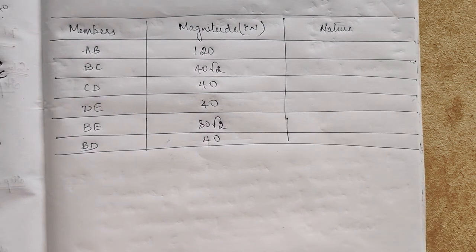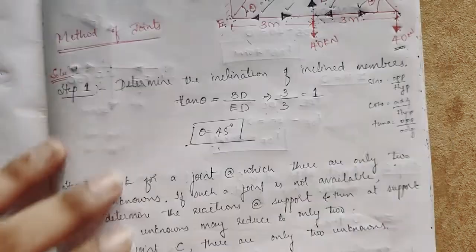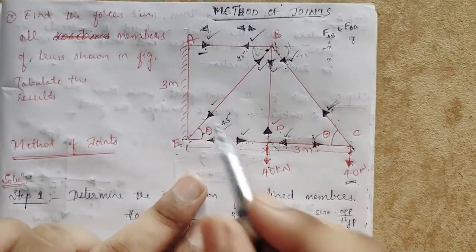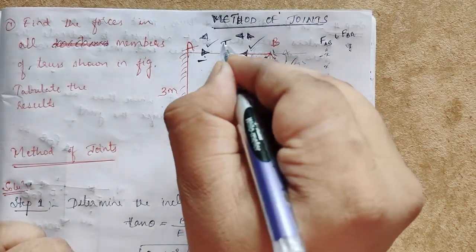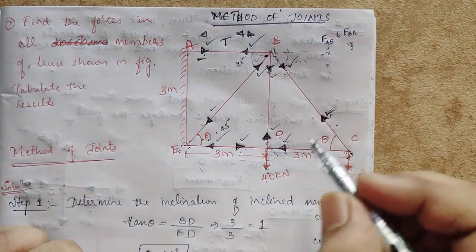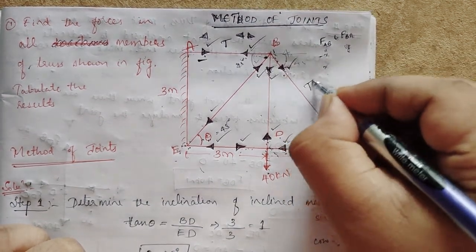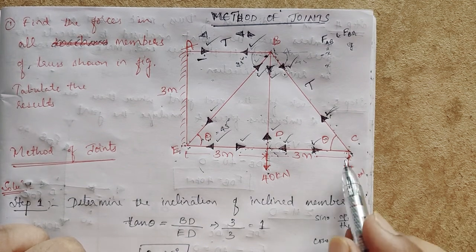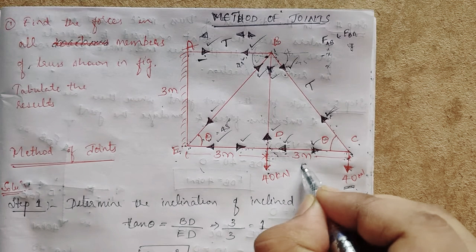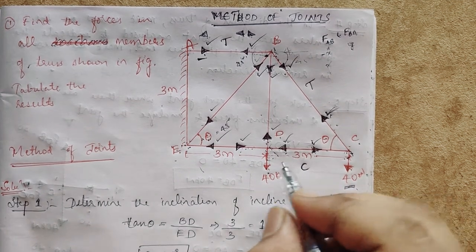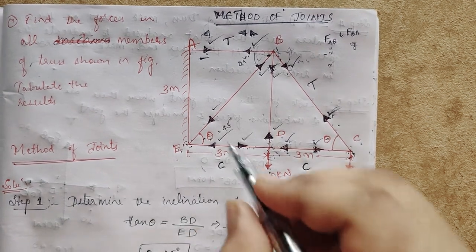Now we have to tell the nature of the force, whether it is tension or compression. See here, in the force of AB, the forces are towards each other. What is the force? Tension force. Okay, then come to BC, the forces are towards each other, tension. Then CD, the forces are going away from each other, then it is compression. Then D also going away from each other, compression.